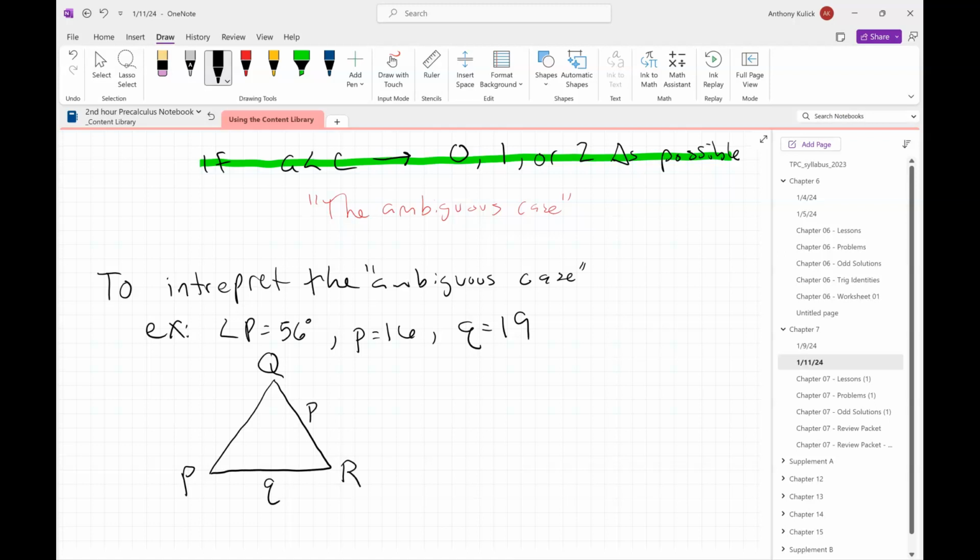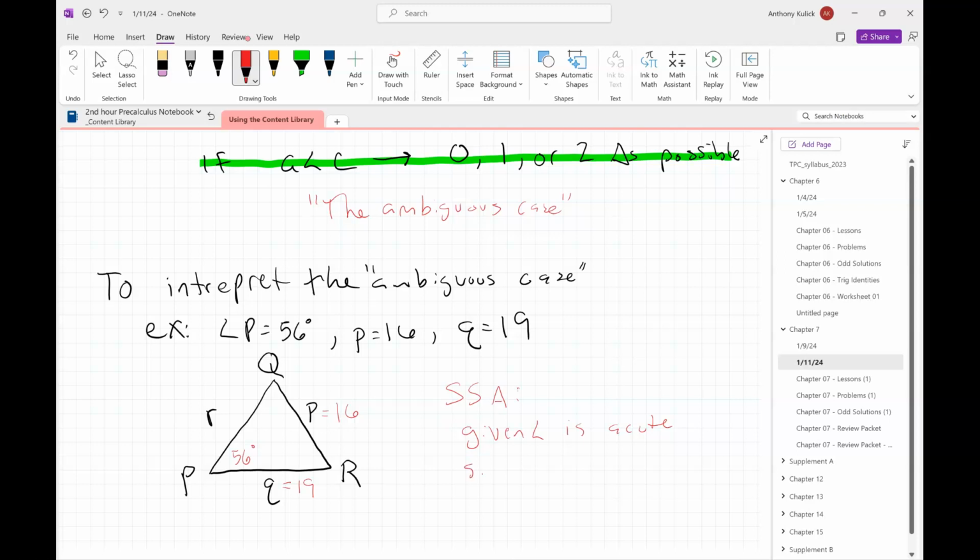I'll start the same way I have been. I'm going to start by drawing my triangle and labeling the side lengths. I'm going to draw in my given information. I notice that we have an SSA situation. Our given angle is acute. It's less than 90 degrees.